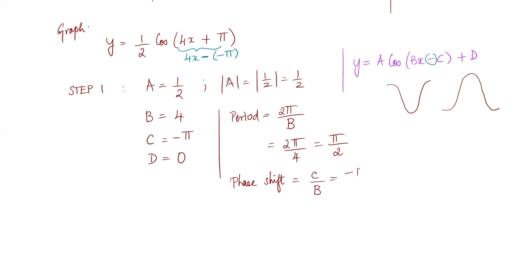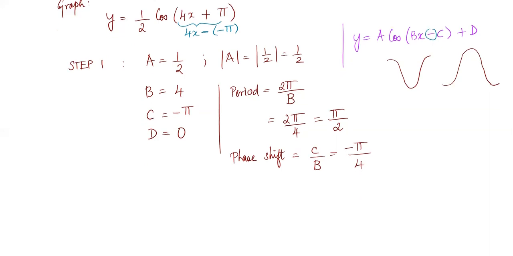C is negative pi, over b, which is 4. So this is our starting point for our points, but we also know that this means your graph is shifted to the left. And it tells you exactly how many units. It gets shifted to the left by pi over 4 units.